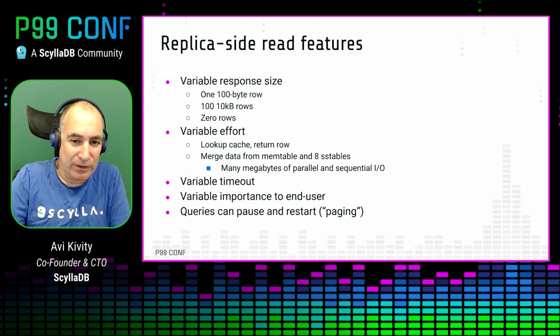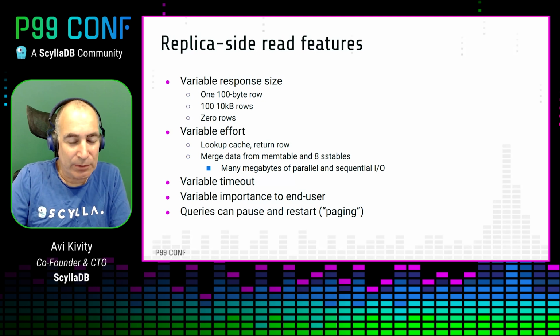And these reads involve index lookups first. So we have a combination of parallel lookup within multiple SSTables, and within them sequential I/O for reading the index and reading the actual data.